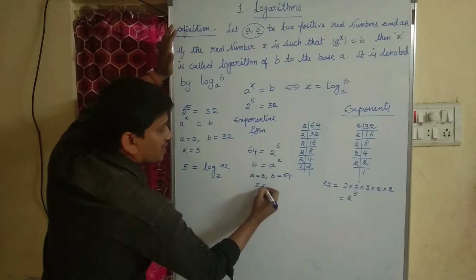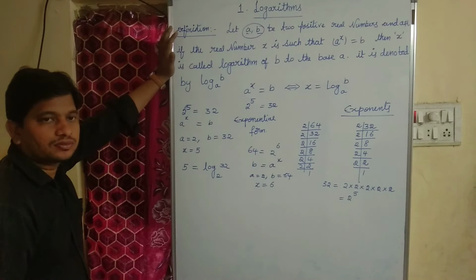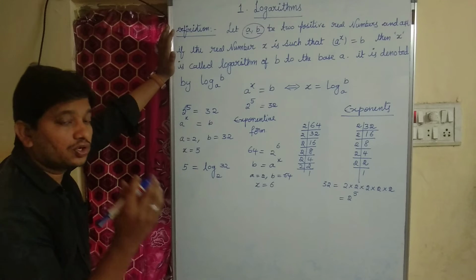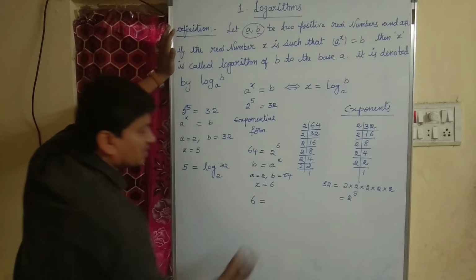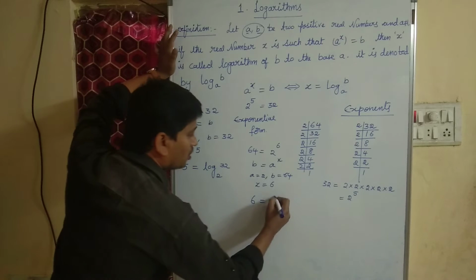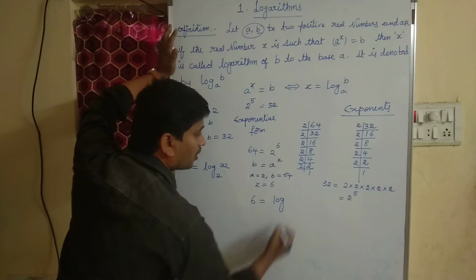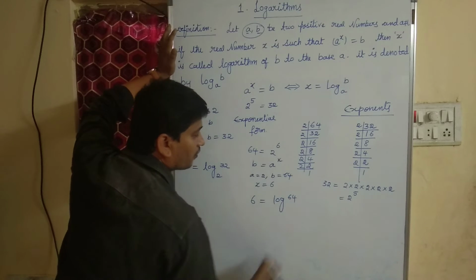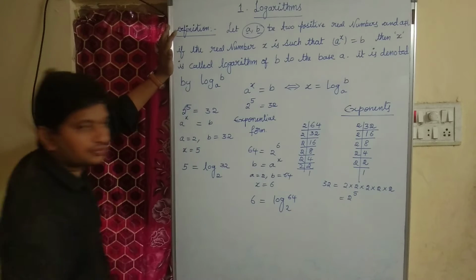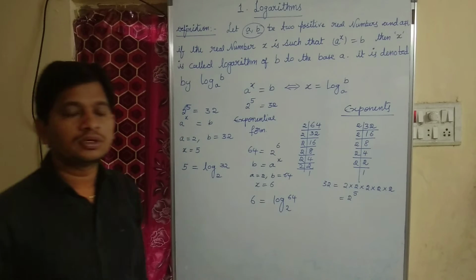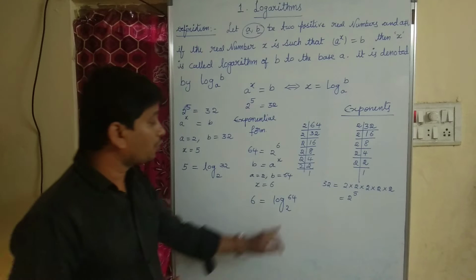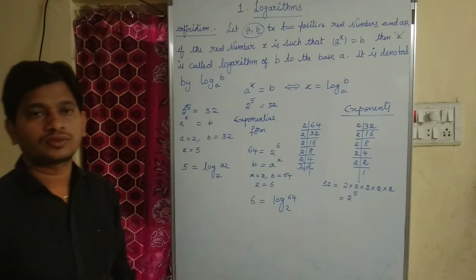And what is the value of x? X is equal to 6. If a power x is equal to b, then x is nothing but 6. 6 is called the logarithm of b, b is 64, to the base a. I mean, what is the value of log 64 to the base 2? The value of log 64 to the base 2 is 6.